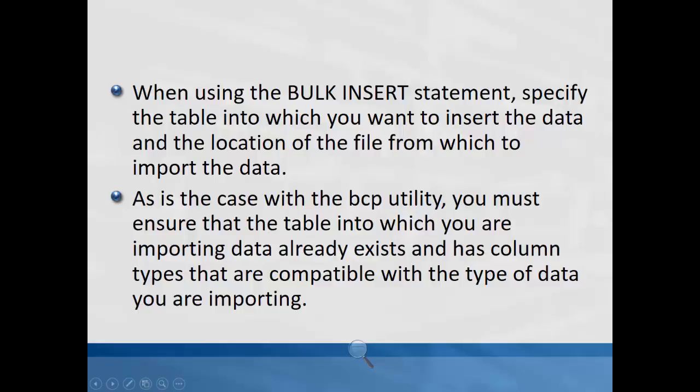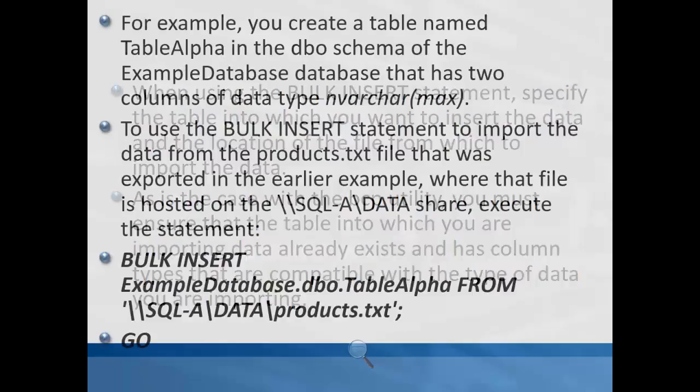When using the bulk insert statement, specify the table into which you want to insert. So the table name has to be specified, and the location of the file from which to import the data, obviously. As with the BCP utility, you must ensure that the table into which you are importing data already exists. Of course, the table will not be created. The table has to exist before you do that.